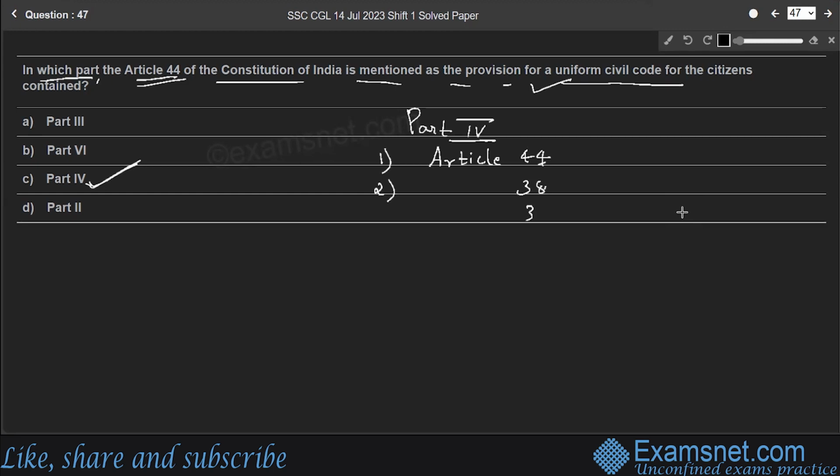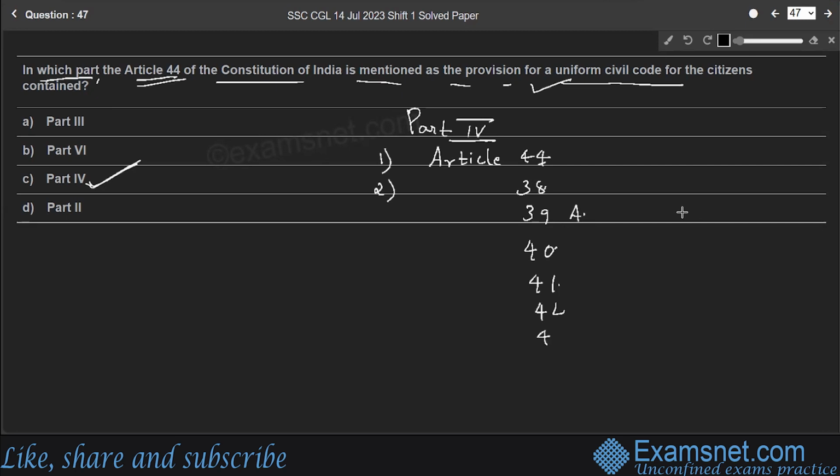And Article 39A, which tells equal justice and free legal aid. Article 40, organization of village panchayats. Article 41, right to work, to education, and to public assistance in certain cases. And Article 42, provision for just and humane conditions of work and maternity relief.